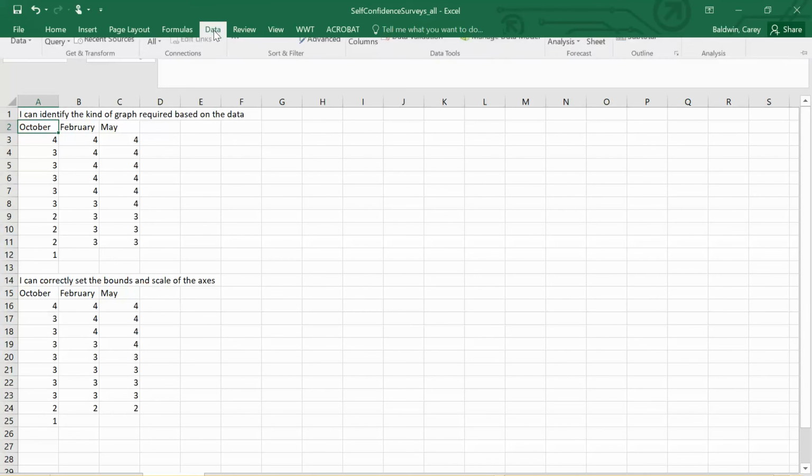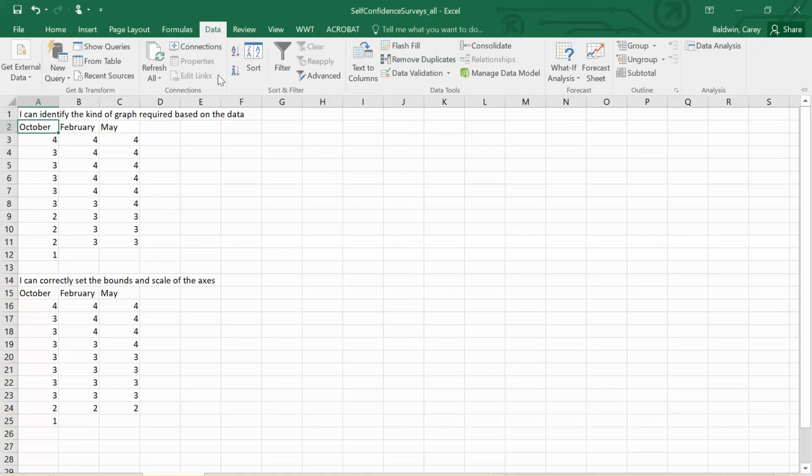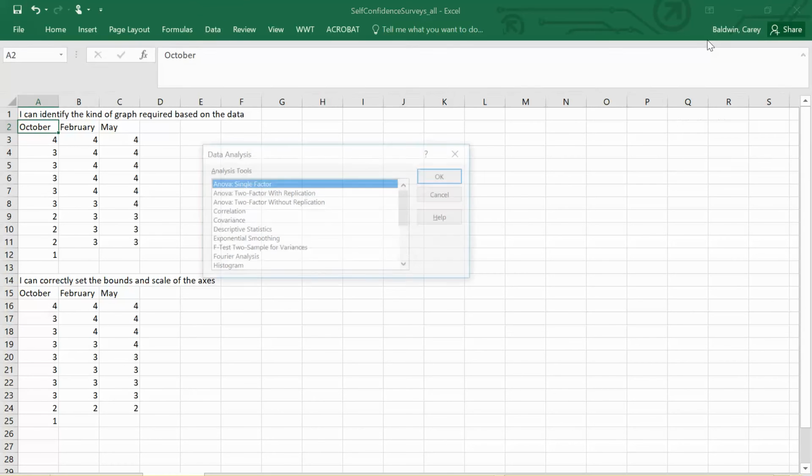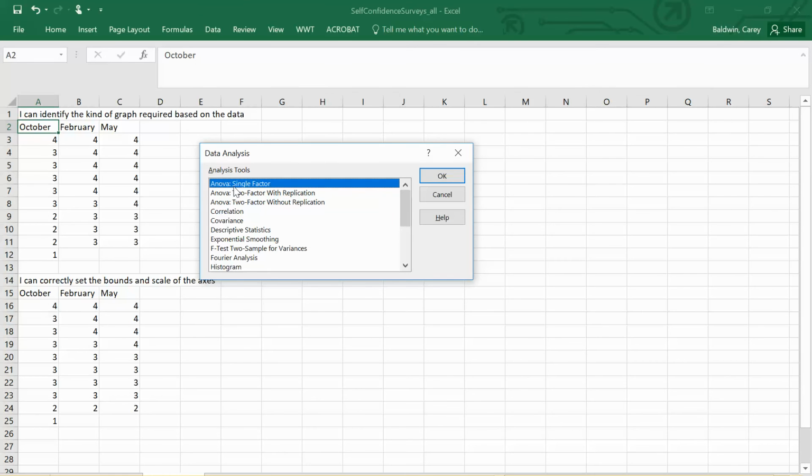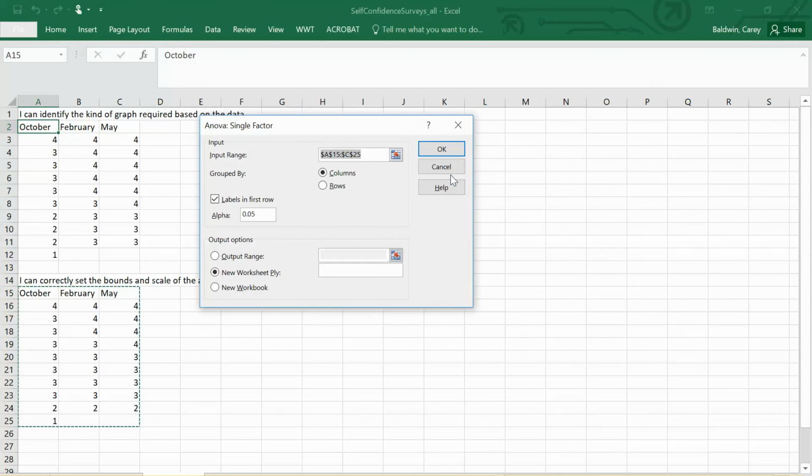So I want to do analysis of variance. So I click on data analysis, and I want ANOVA with a single factor, ANOVA, single factor. The single factor is the time in which you did the study. So say okay. And then I need to do my input range.